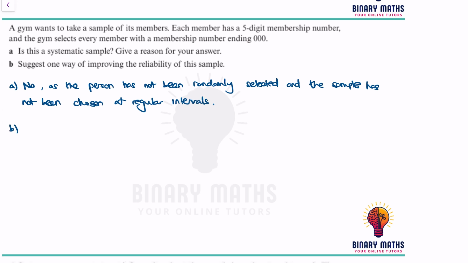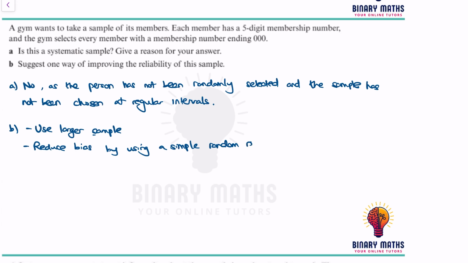Okay, B. So just one way of improving the reliability of this sample. One way is use a larger sample. Another way would be reduce bias by using a simple random sample.